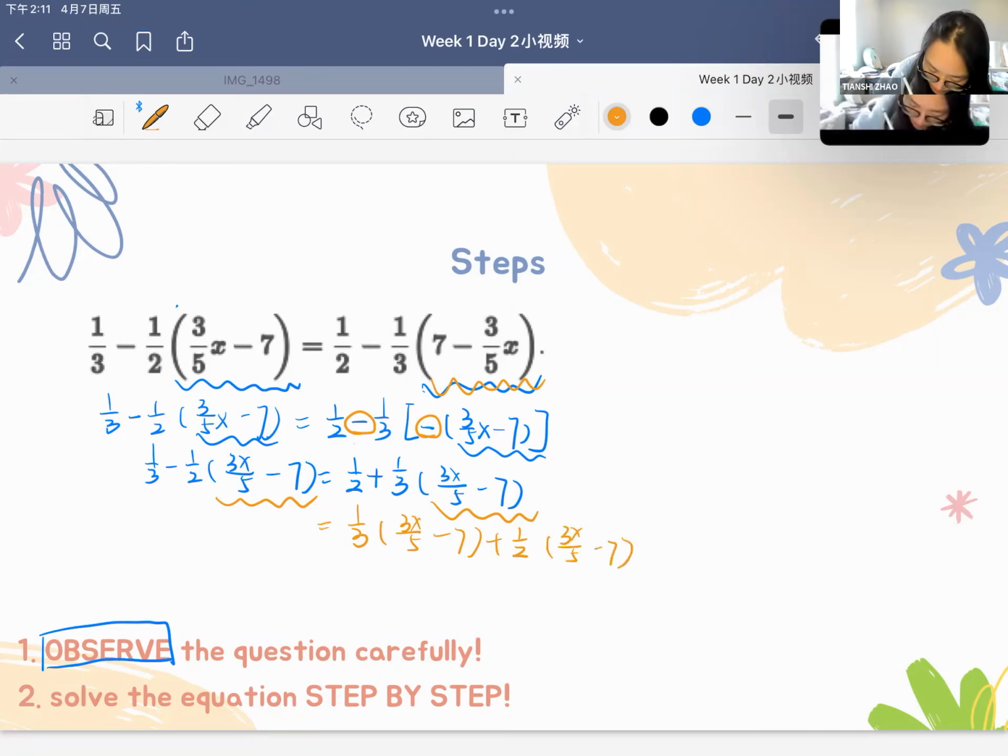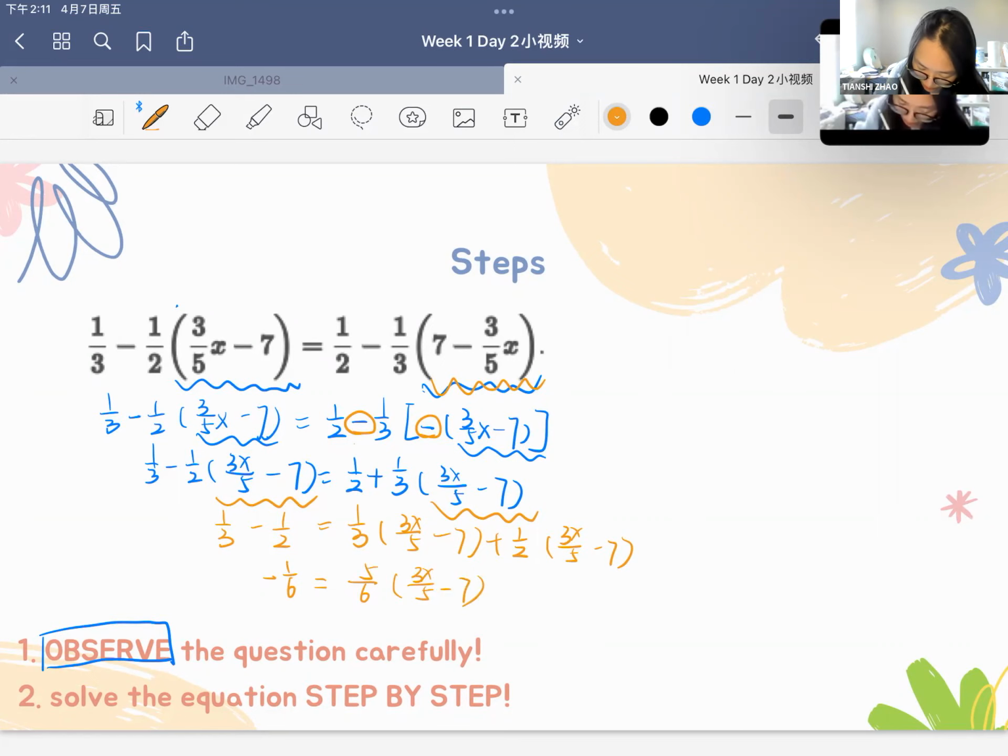And then on the left side, we will have 1/3 minus a half. So on the left side, it is negative 1/6. And on the right side, we will have 5 divided by 6, and then 3x minus 5 minus 7.